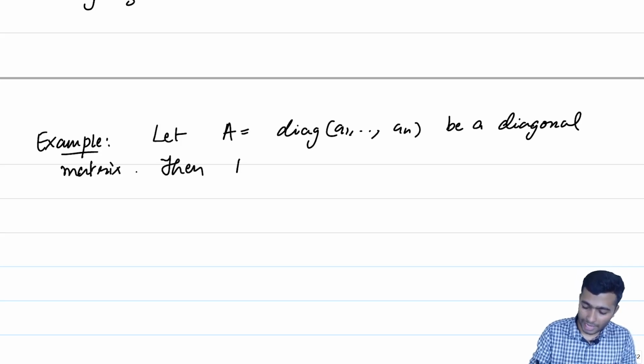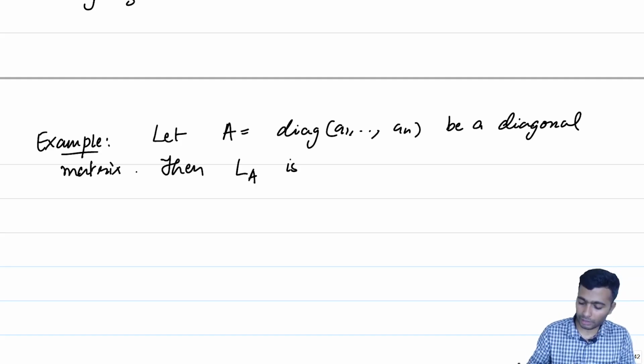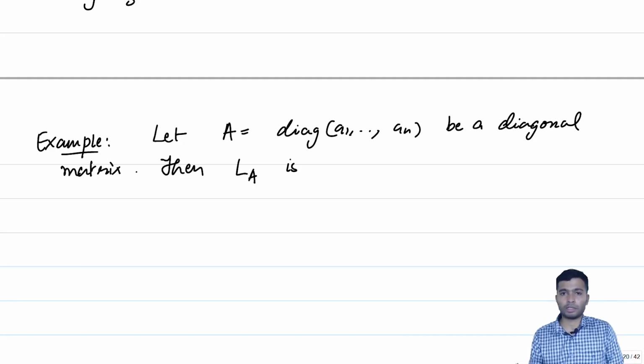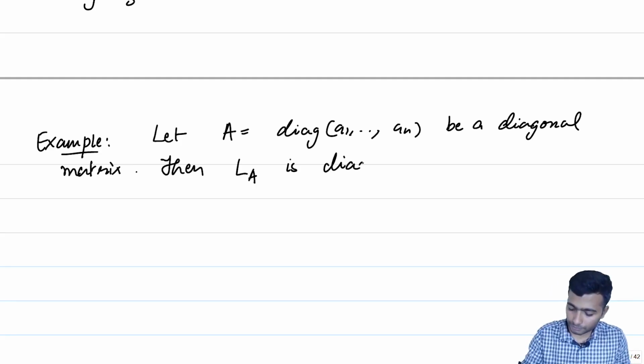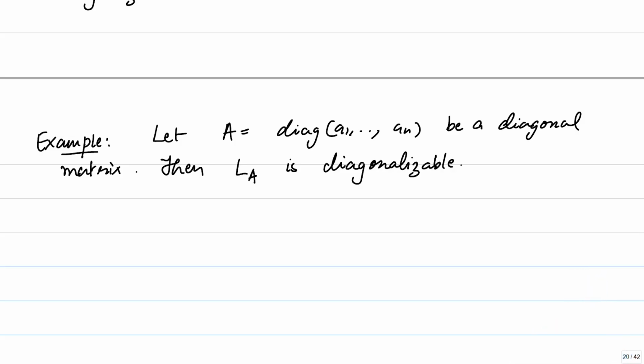Then L_A is diagonalizable, again with respect to the standard basis of Rn. It is an n cross n matrix which is a diagonal matrix. So, with respect to the standard basis, the matrix of L_A is a diagonal matrix, and by definition this is going to be a diagonalizable linear transformation.